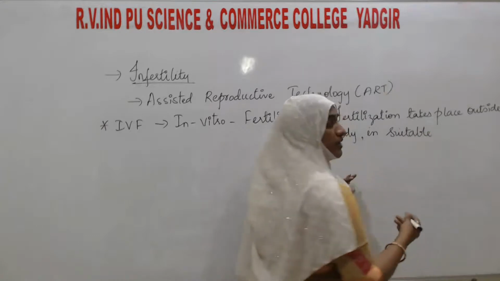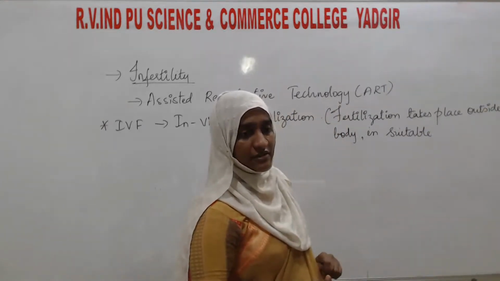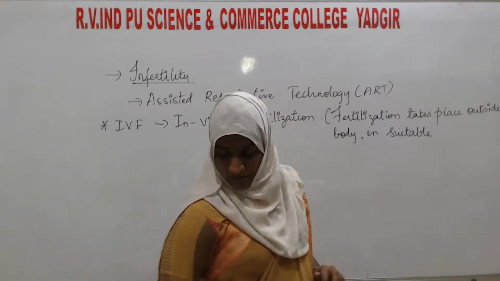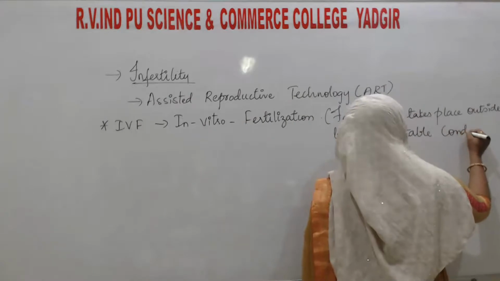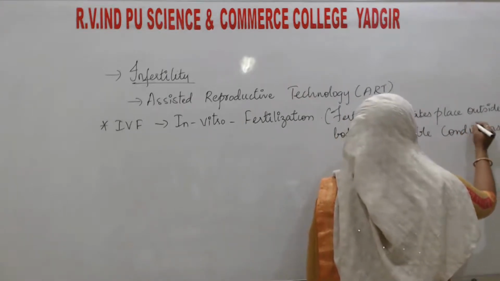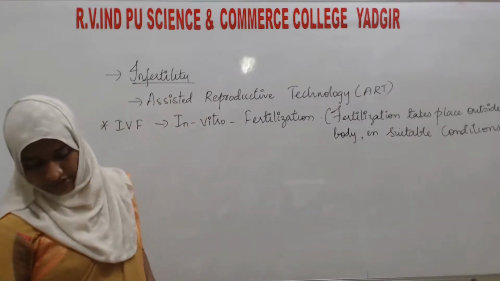Outside the body means where? That is in the labs, in the test tubes, in the culture plates. Okay, in a suitable condition, a condition which will be similar to the uterus or the female reproductive tract.